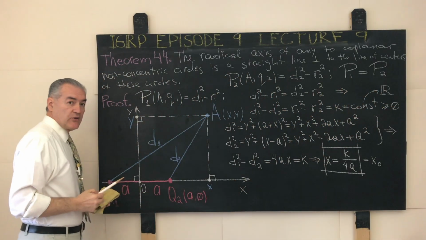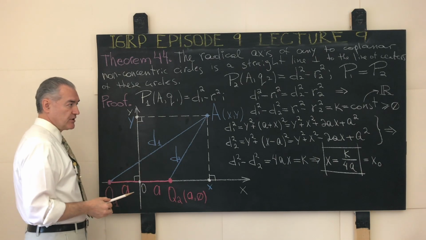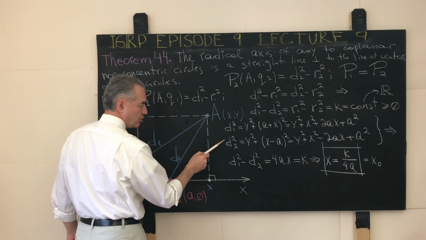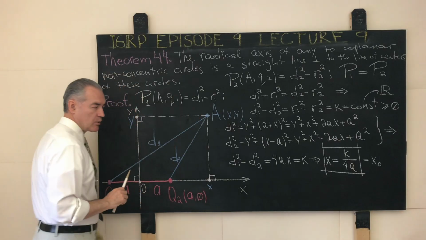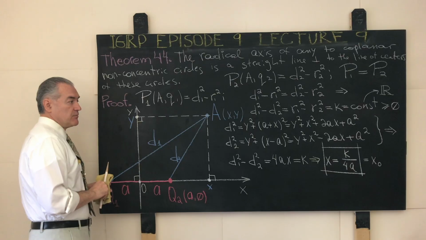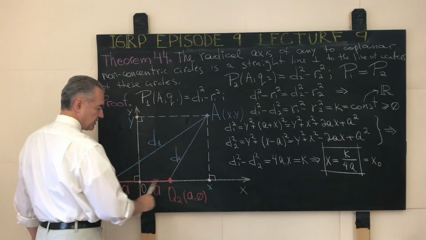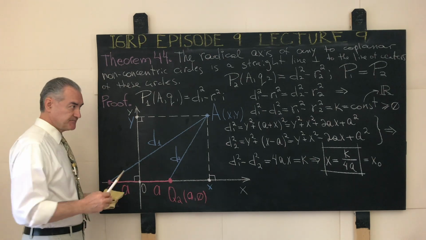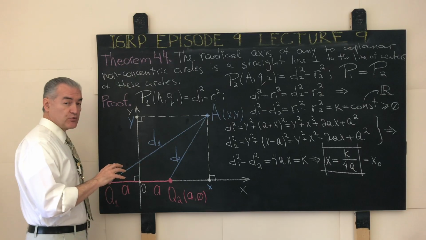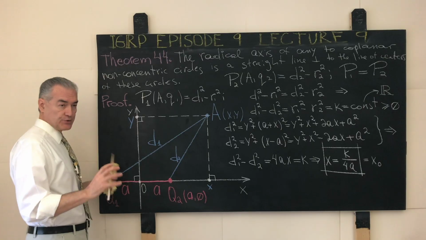And now we step away from pure algebra a little bit into synthetic geometry, and we bring in the so-called Pythagorean theorem, or Euclid's Elements, Book 1, Proposition 47, and we write down the relationship between the distances d1 and d2 in terms of synthetic geometry. Because the Pythagorean theorem is formulated in such a way that it doesn't know anything about any coordinate system whatsoever.